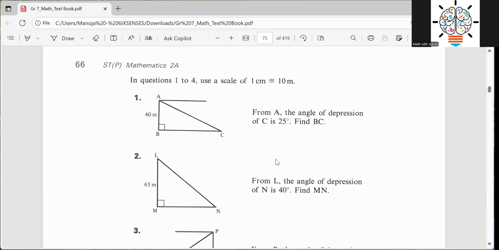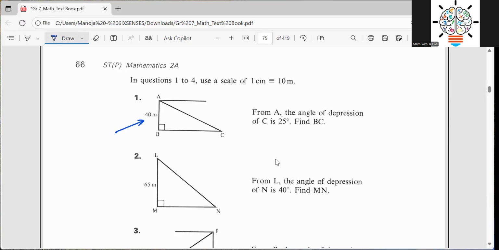Right. So here we want to have the ABC triangle, and the scale they have given: whenever you see 10 meters, you can use 1 centimeter. For 10 meters, if it is 1 centimeter, if you have 40 meters, then you should have 4 centimeters.